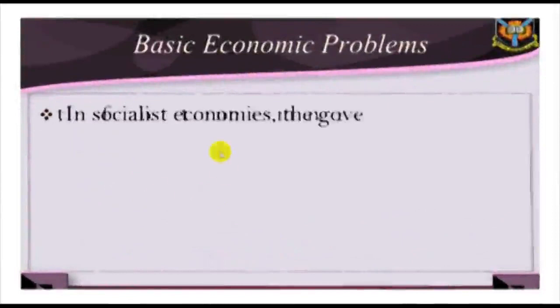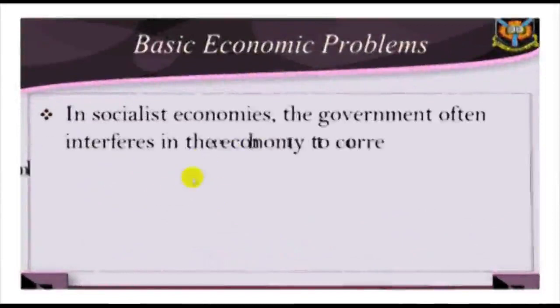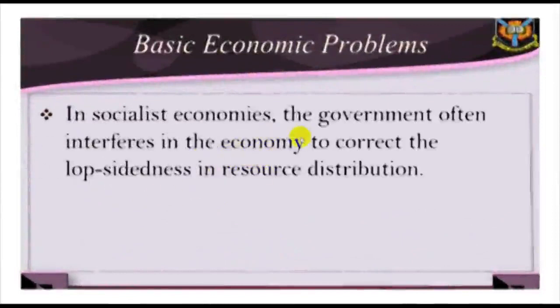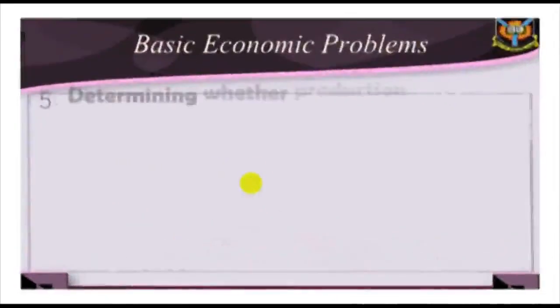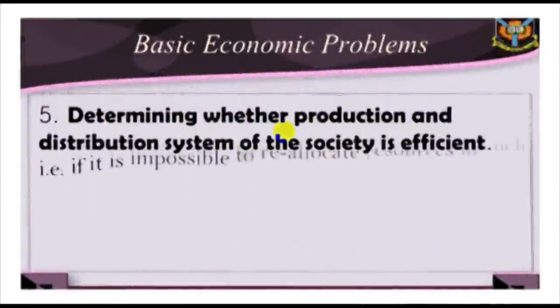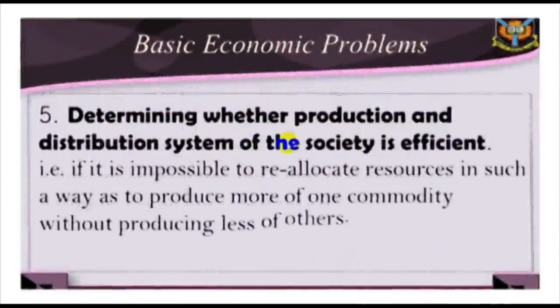Number 5, determining whether production and distribution system of the society is efficient. In economic sense, we say production is efficient if it is impossible to relocate resources in such a way as to produce more of one commodity without producing less of others.